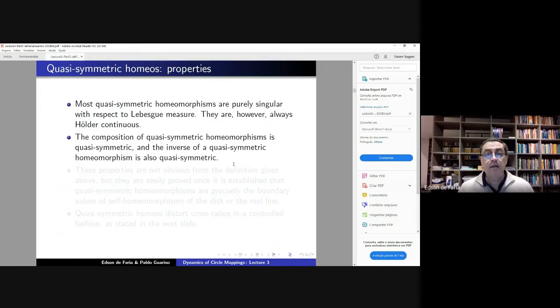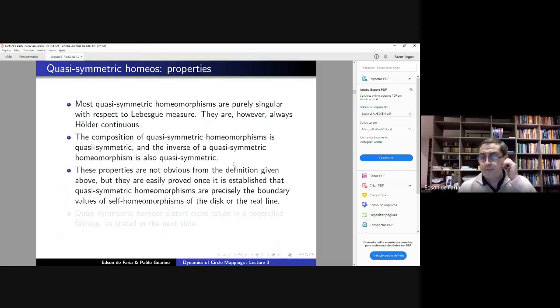It's a lot easier once you know that these maps, like I said before, are boundary values of quasi-conformal maps on the plane, because for quasi-conformal maps you can check infinitesimally that the composition of quasi-conformal maps is quasi-conformal, and it becomes a lot easier. In fact, even the property that these maps are Hölder continuous comes from a Hölder continuity statement for quasi-conformal mappings as well.